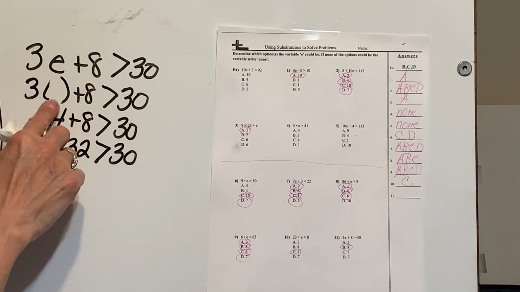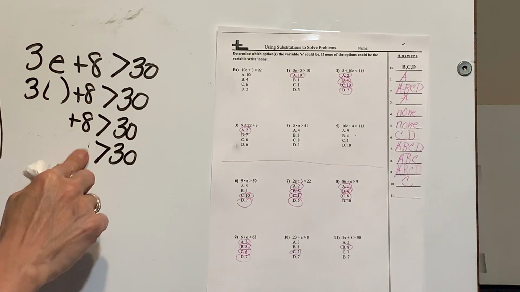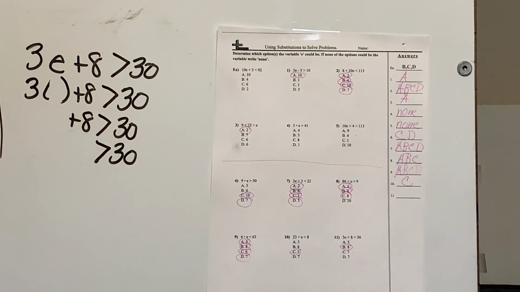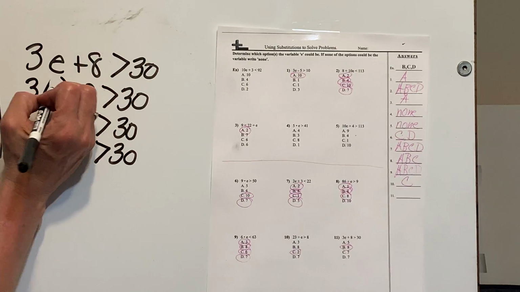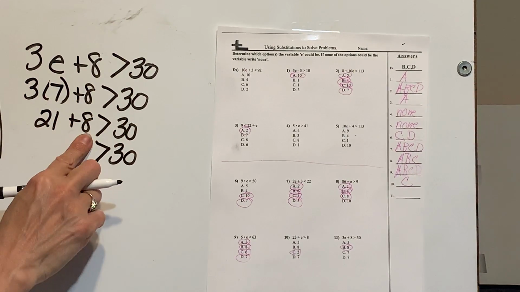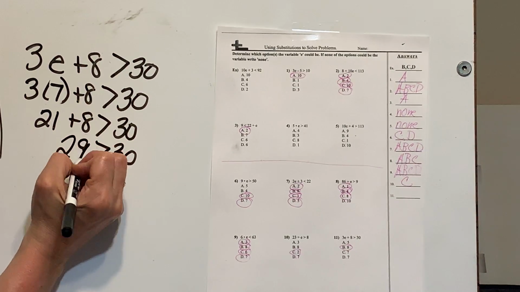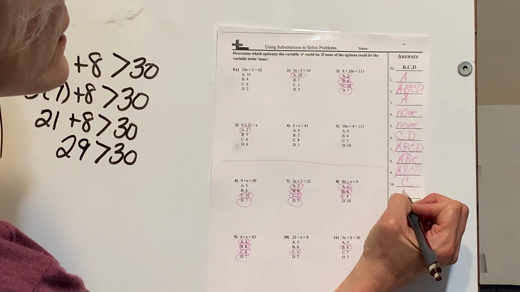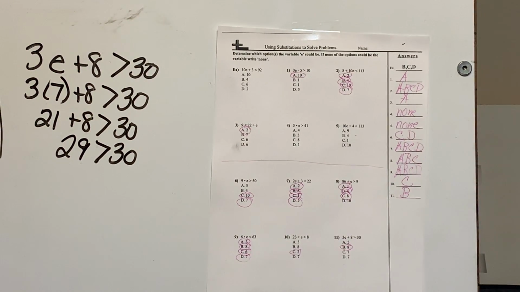All right, so next number is 7. And notice they gave us 7 twice. They want to make it easy on us, I guess. All right, so 3 times 7 is 21. 21 plus 8 is 29. 29 is not greater than 30, so 7 does not work. So B is the correct answer there.